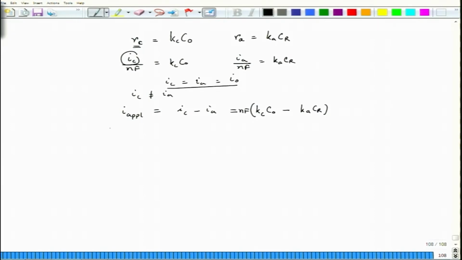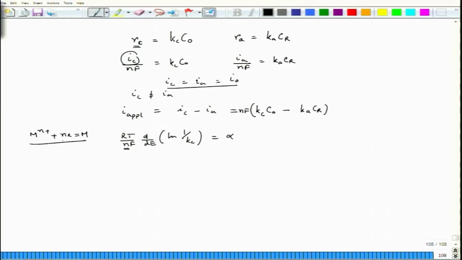Now, I can also go back to this alpha. Now, I know that RT/nF d/dE ln(1/Kc) equal to alpha, and here I have put n because we are considering this reaction.